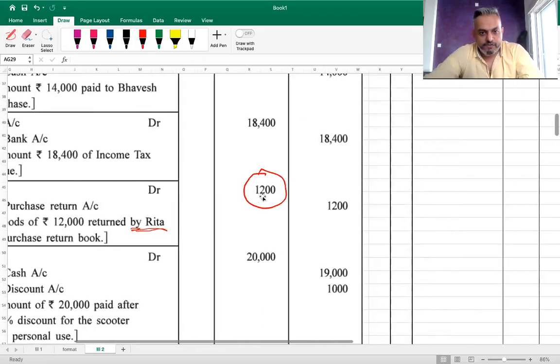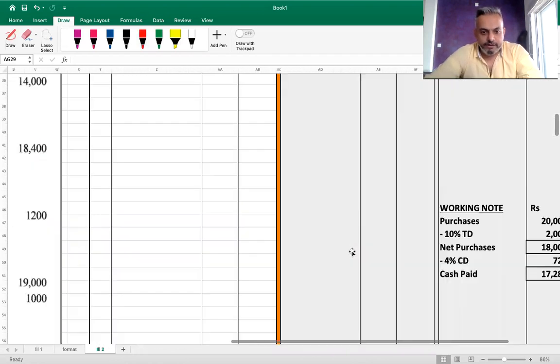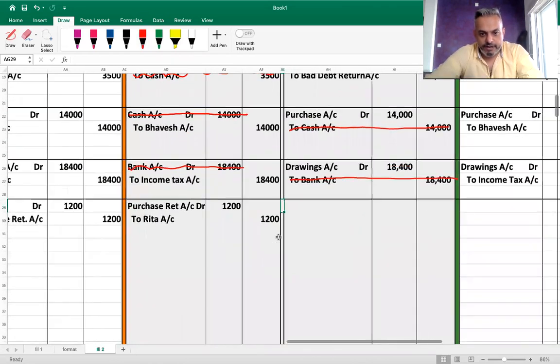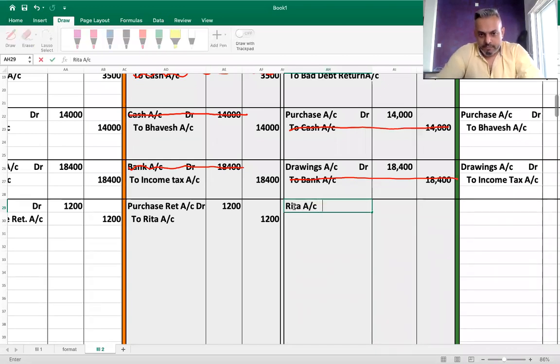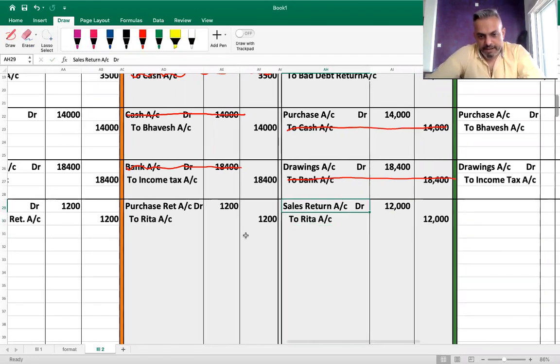So here let's write the correct entry. Goods are returned by Rita. So sales return account debit 12,000 to Rita account. Rita is the giver. Credit the giver 12,000.